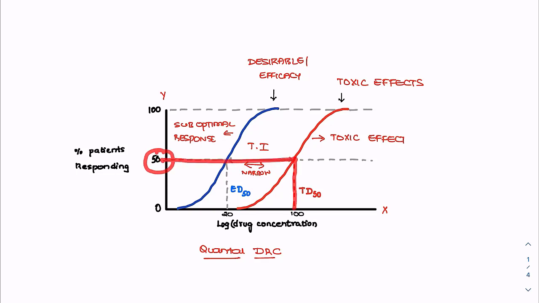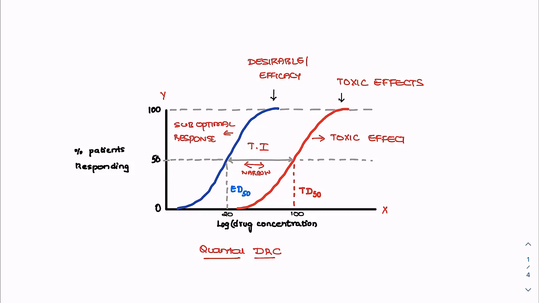So this is the lethal dose in 50%, or toxic dose in 50%. This graph will tell you about the dose at which 50% of the population will produce the desirable response. So let us calculate the dose here.